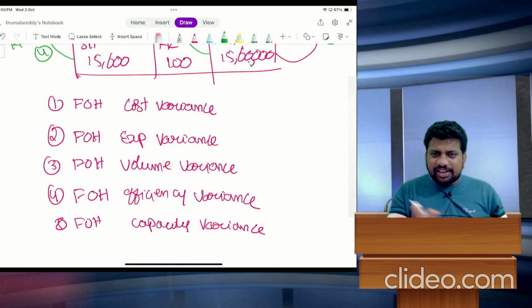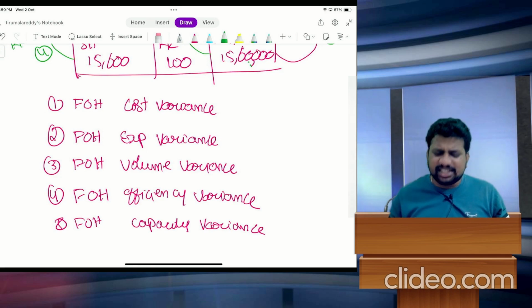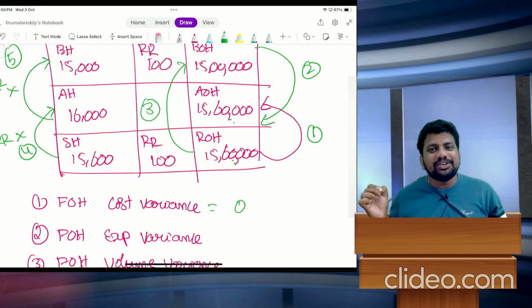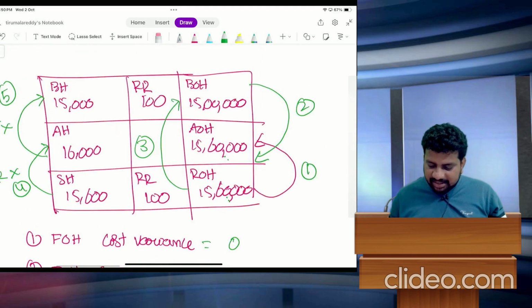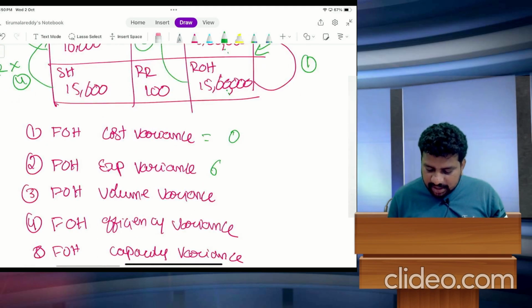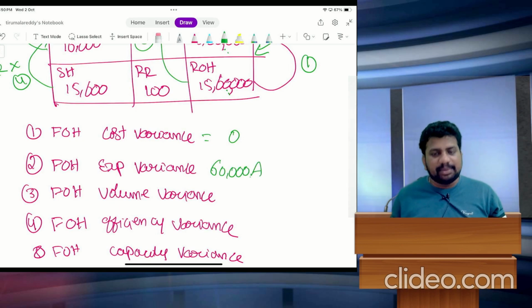Okay. So if you have this idea, everything is done. So what is the first one? 15,60,000 minus 15,60,000, answer is 0. Second one, BOH minus AOH, 15 lakhs minus 15,60,000. So negative 60,000. Negative in the sense that it is adverse or unfavorable.